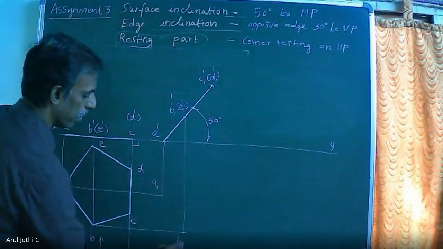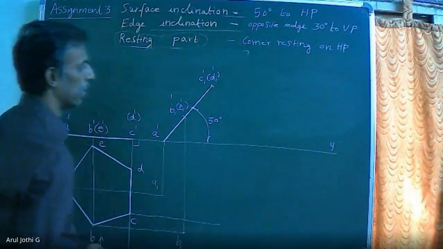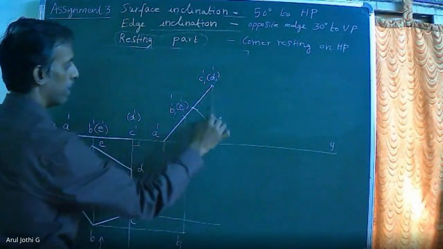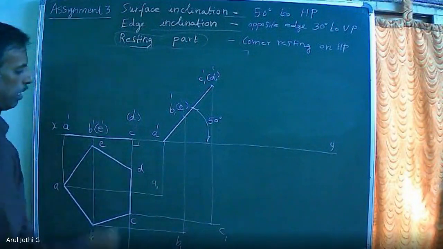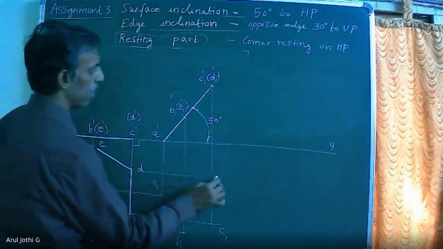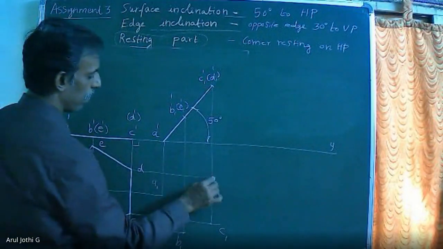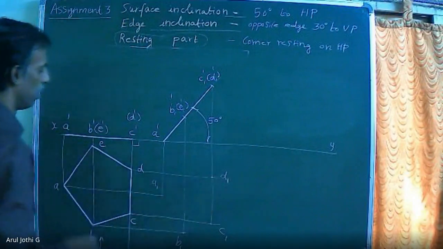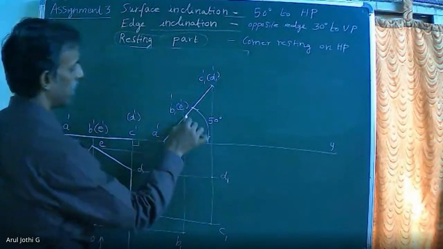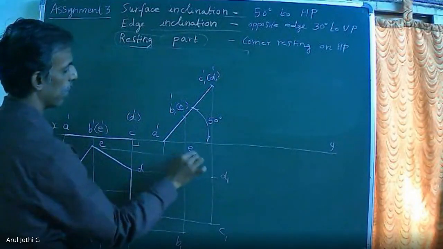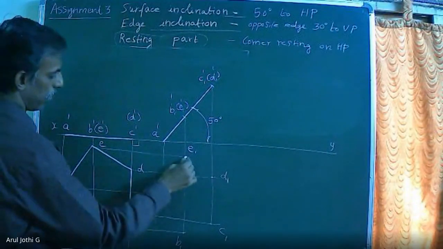So this will be B1. Then extend corner point C horizontally, C1 dash vertically. This will be C1. Then extend the corner point D horizontally, D1 dash vertically, forming D1. Similarly, extend E and E1 dash vertically. This will be E1. Now we have to join all the corner points.